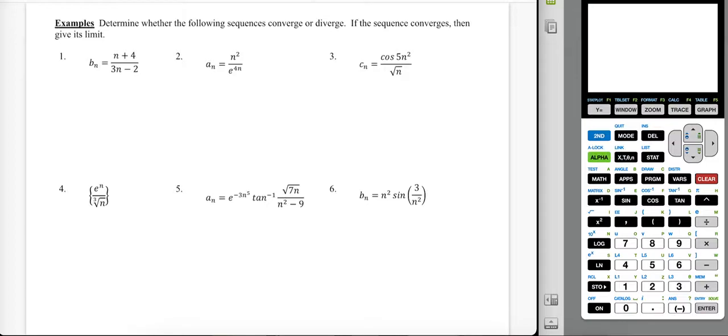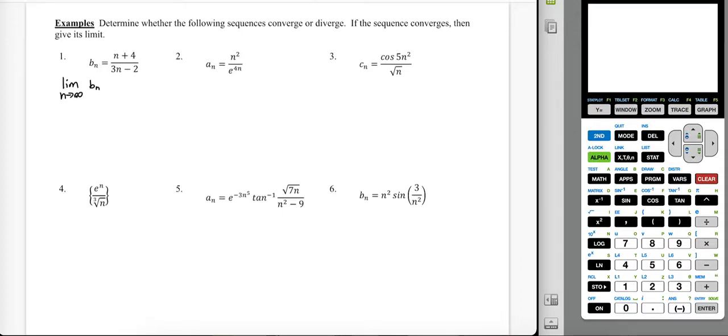Basically we're looking to determine whether the limit exists as n approaches infinity for each of these cases in order to determine whether these sequences converge. What we're going to look for here is the limit as n approaches infinity of b sub n.